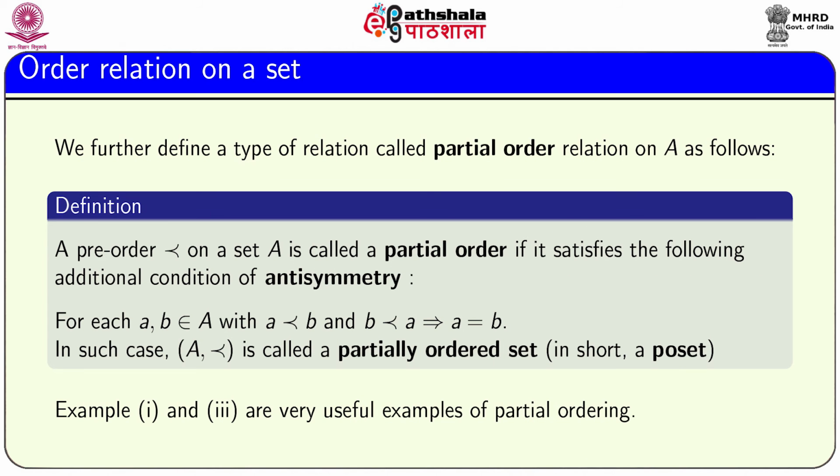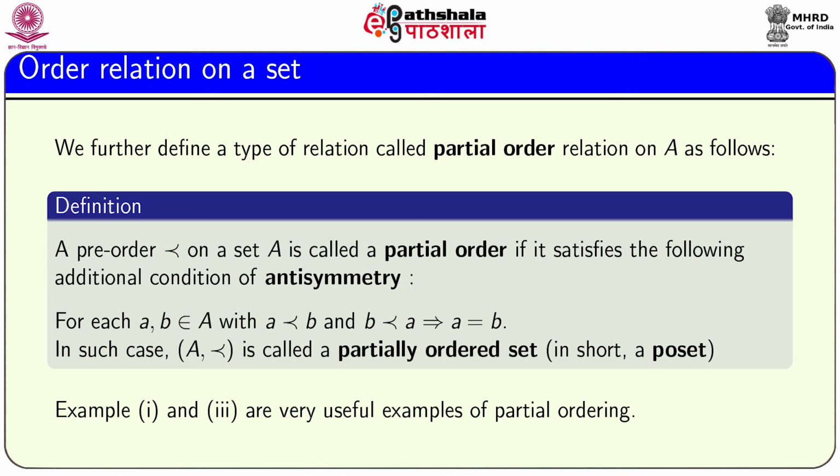With this observation, we define partial order on a set. A pre-order is said to be a partial order if it has an additional condition of antisymmetry.